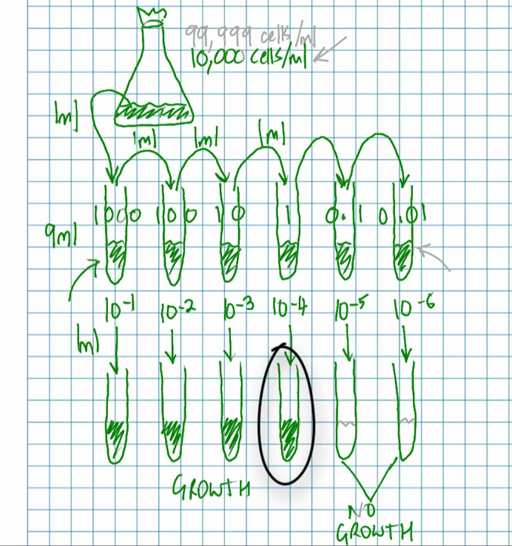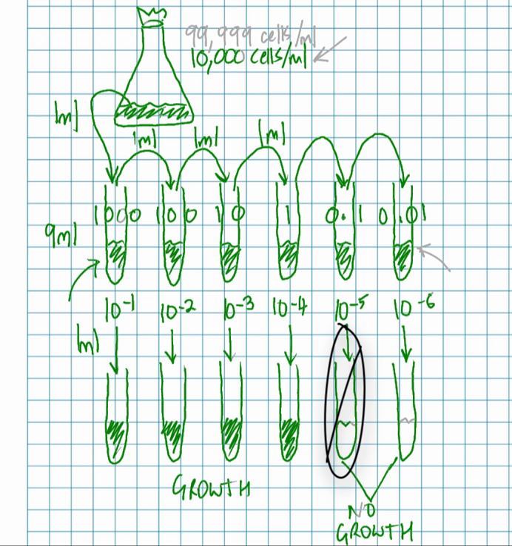But then if we go to the fifth tube, that's the 10 to the minus 5 dilution, we'd only have 0.1 cells per ml. So if we took a ml of cells out of there, on average we would only have 0.1 cells. Obviously you can't have 0.1 cells, but on average you'd have 0.1 cells per ml.